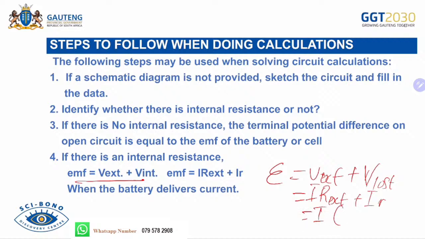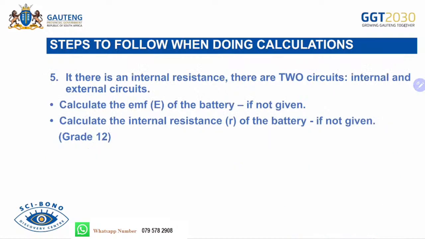Then it should be I into R external plus r internal. So this is how we calculate E if there is internal resistance. Very, very important. But on your formula sheet, it's just I into R plus small letter r. You should know that the big R is external resistance and the small letter r is the internal resistance.